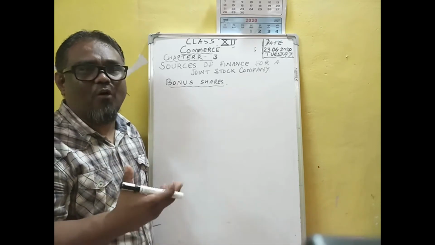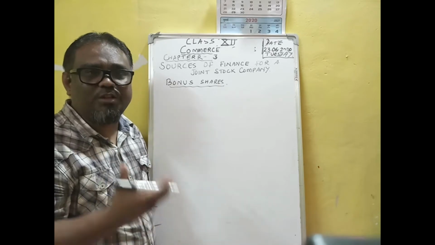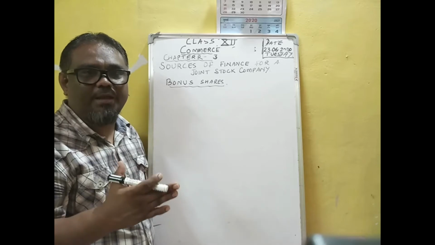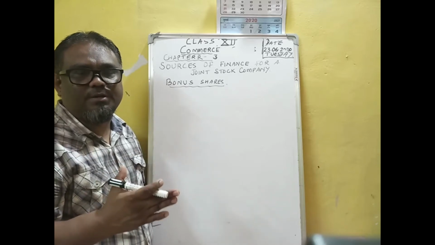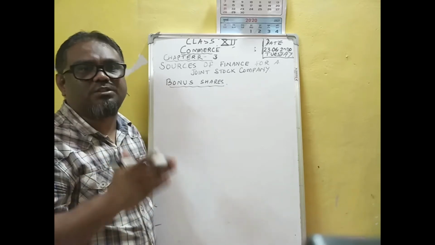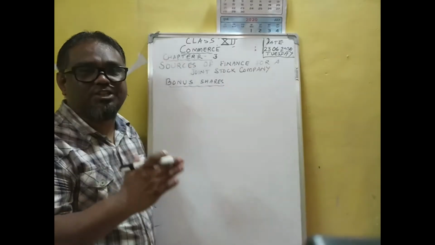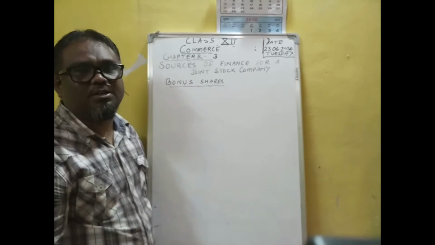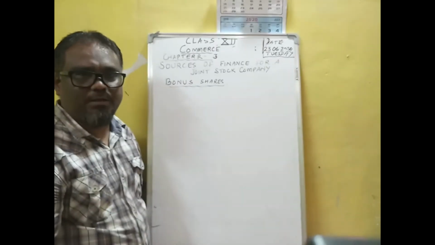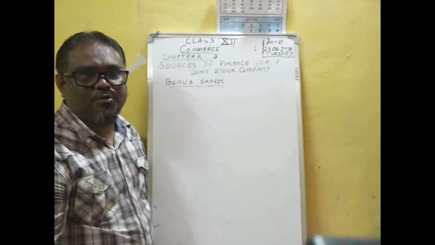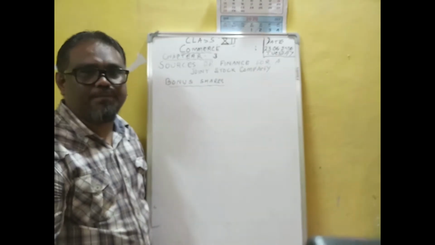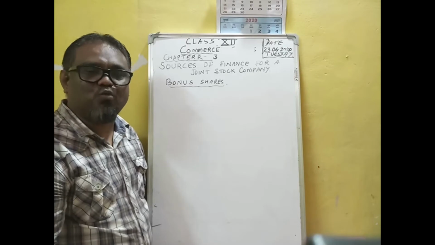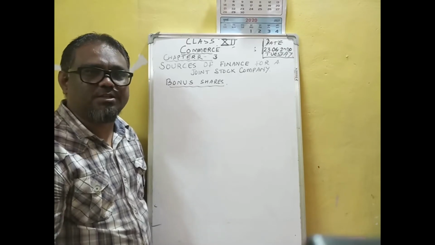But instead of distributing this undistributed profit, the company may issue free of cost shares to the existing shareholders according to the proportion of shares held by them. These shares issued free of cost are known as bonus shares.